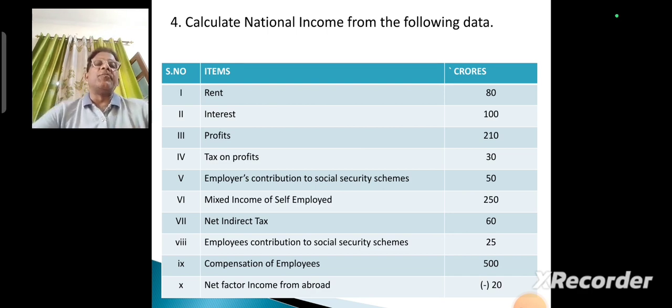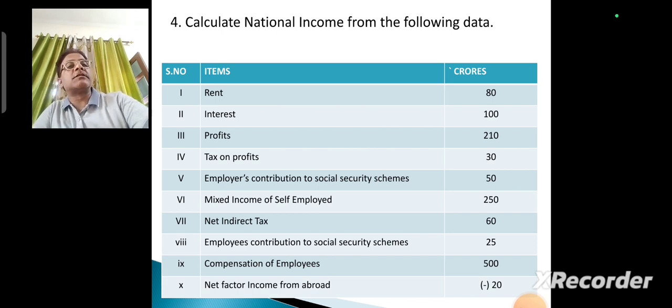See, if compensation of employees is there, everything is there. Wages and salaries and employer contribution are included; employees contribution is to be ignored. If wages were given, then employer contribution had to be taken up, because here COE itself has been given. So the remaining two heads have been given just to confuse the examinees. This is the confusion which has been created in this question in the COE.